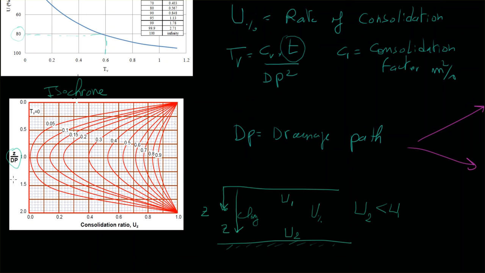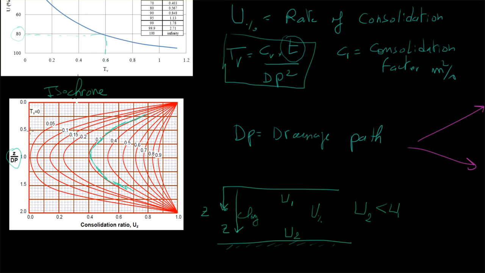So how do we read this chart? We have Z over dp, so we can find Z and divide by dp. Each one of these curves is a value of TV. So this is 0.3 TV. It starts from 0, 0.05, 0.1 all the way to 0.9. Let's say we want to find U, and we have TV found using the same equation.